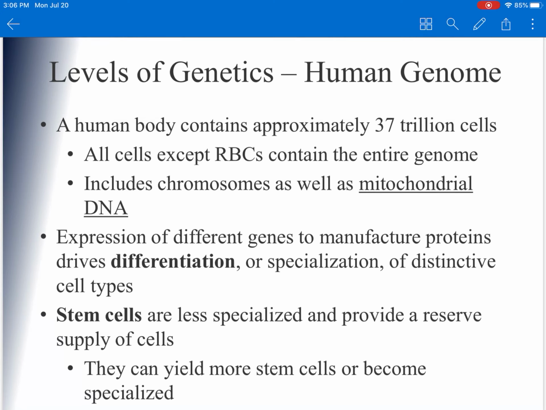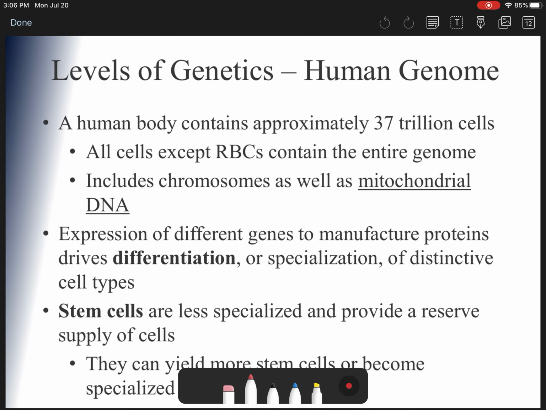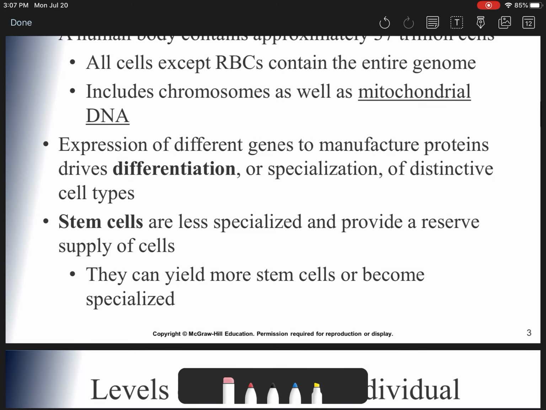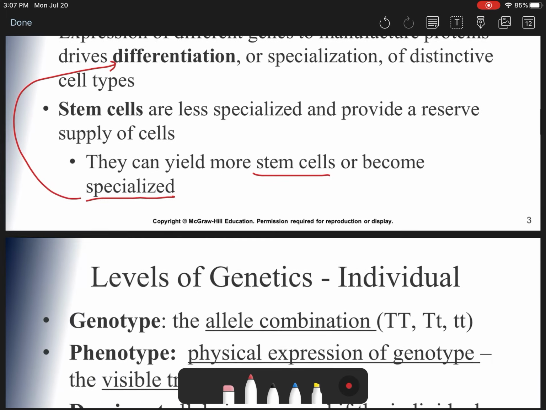What happens to them is that they can either divide and make more stem cells, or they can become specialized and undergo cell differentiation so that they can become skin cells or heart cells or lung cells.